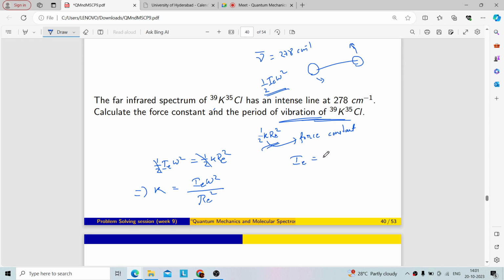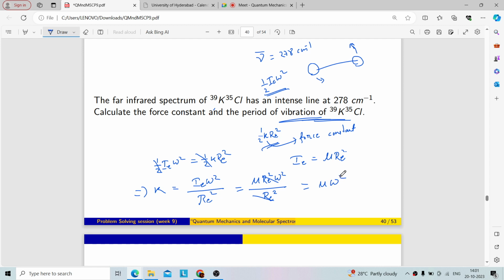We can write it in terms of the reduced mass and bond length: I_e is mu r_e square. So substituting this I_e in this equation, it will give us mu r_e square omega square over r_e square. So this will give us the value of k in terms of mu and omega square.